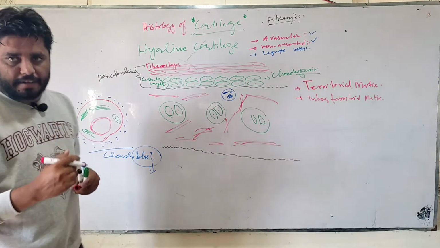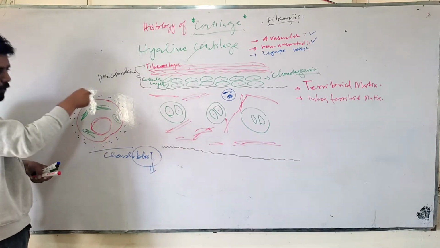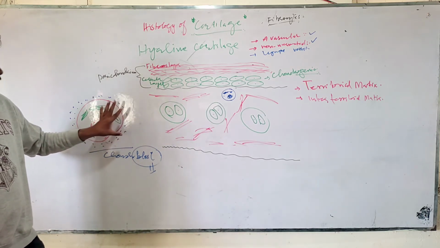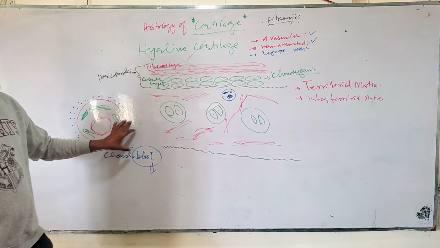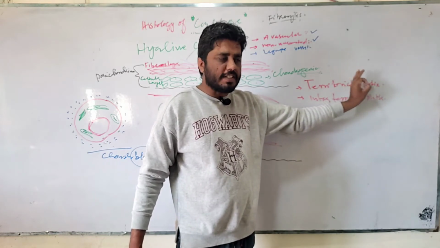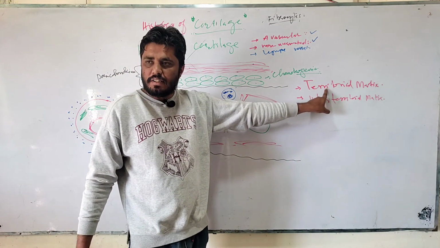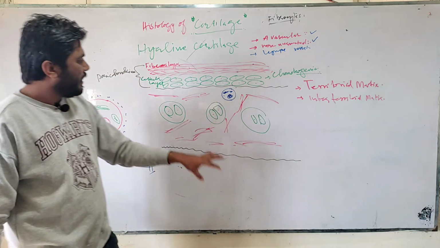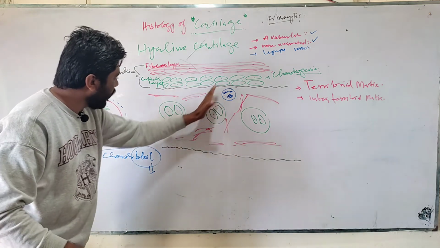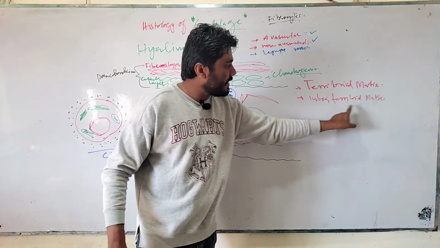The matrix around the chondroblast, freshly produced by the chondroblast, is known as territorial matrix. In other words, extracellular matrix around the chondroblast is territorial matrix. But all the fibers and the extracellular matrix between different chondroblasts is known as interterritorial.